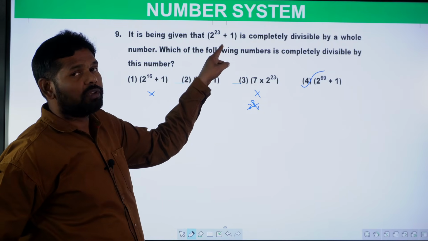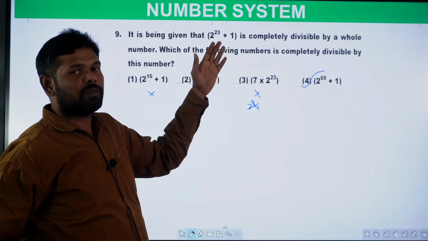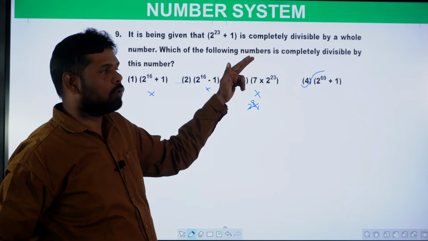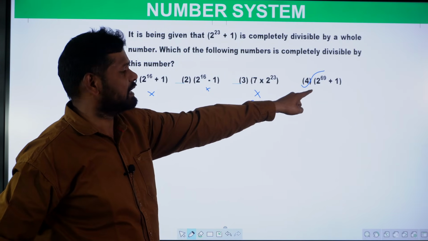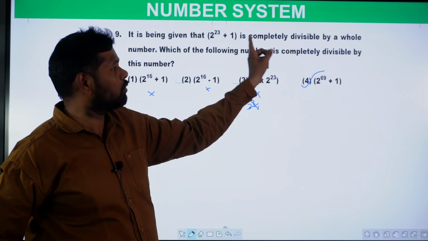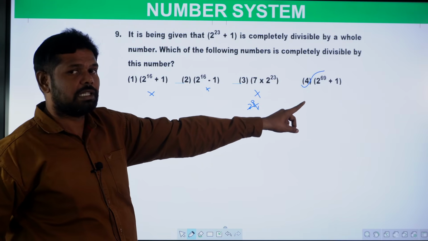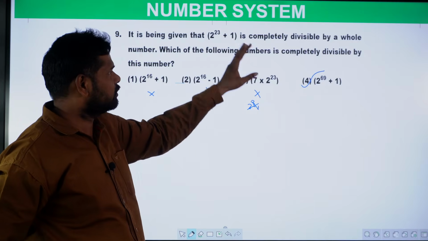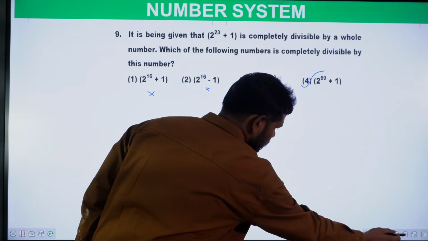It is in the form of a plus b: a cube plus b cube or a power 5 plus b power 5, those are the only multiples of that number. So 2 power 69 plus 1 is a 23 multiple. That's why 2 power 69 plus 1 is completely divisible by 2 power 23 plus 1. These two questions are framed in reverse manner. So be careful.